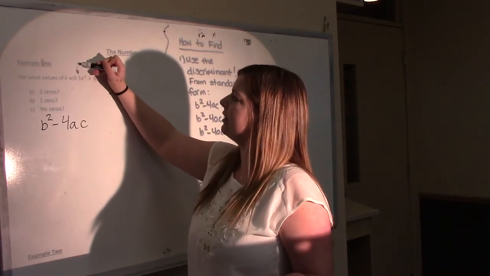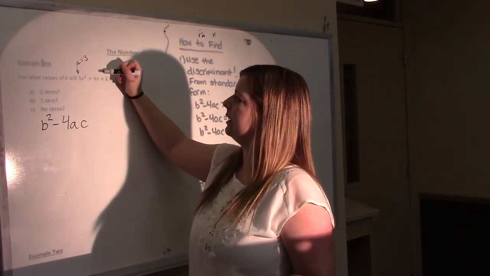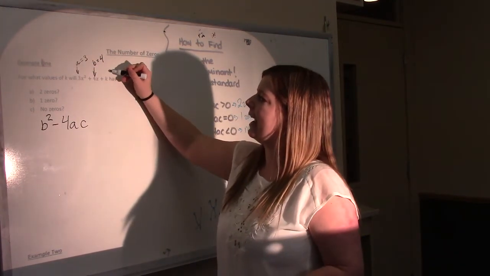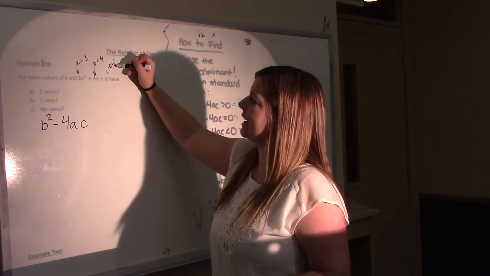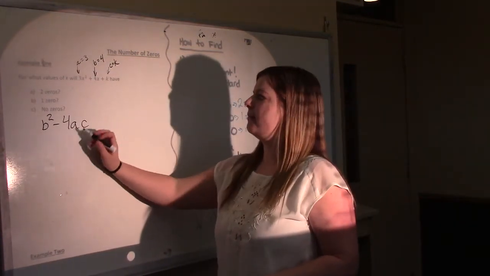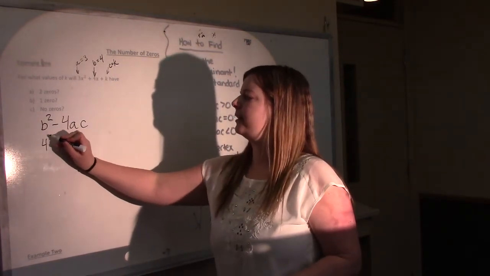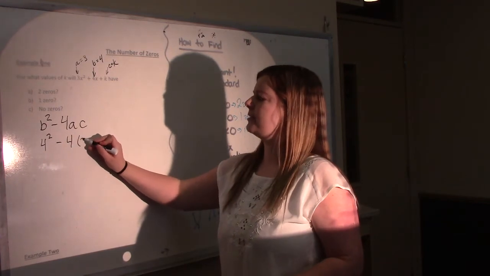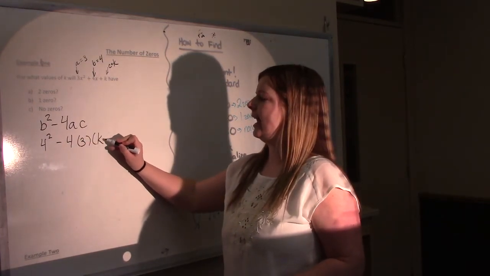Here is your a value, it equals 3. Here is your b value, it equals 4. And your c value is k. So let's set this up: b squared is 4 squared minus 4 times 3 times k.